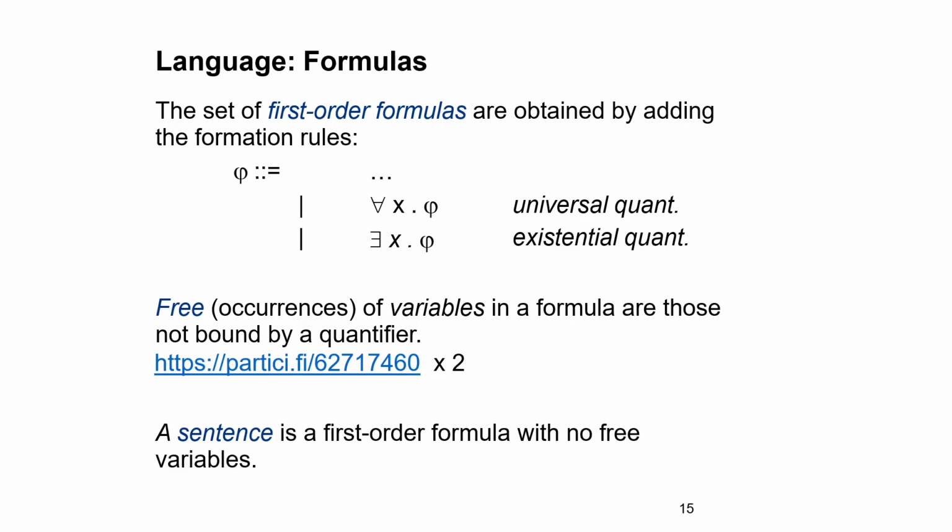Then we can call a sentence a first order formula with no free variables. But we will see that the more interesting ones are ones with free variables, because then we might want to check what values we can assign to those free variables to make a formula satisfiable.